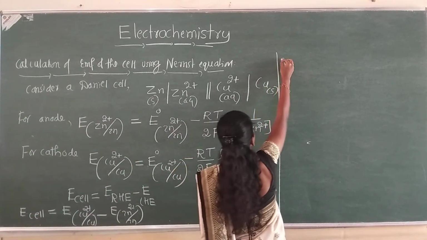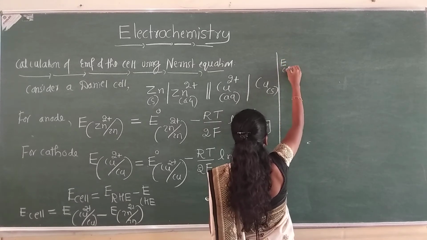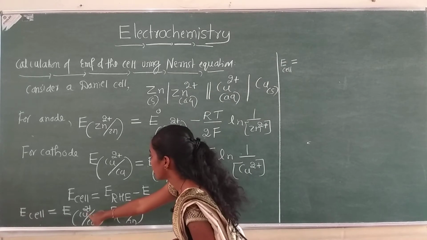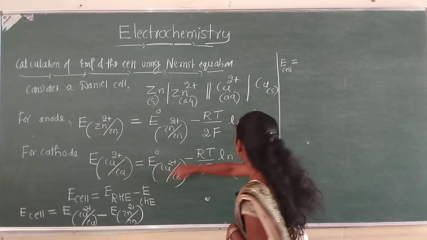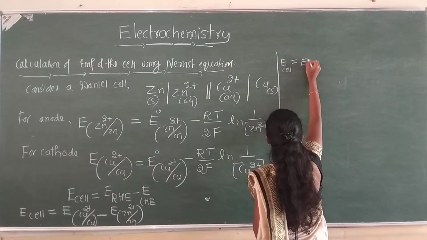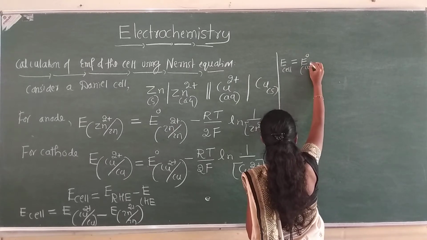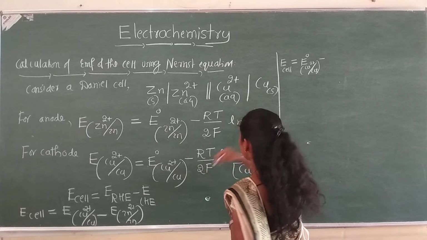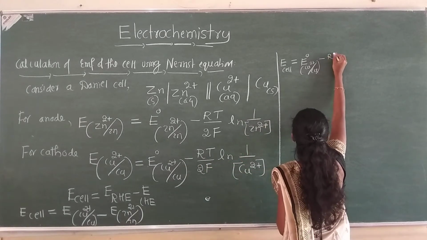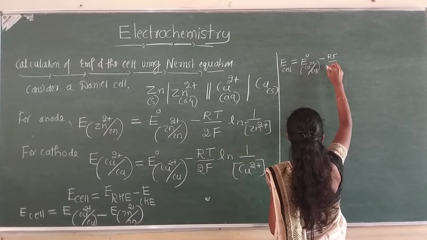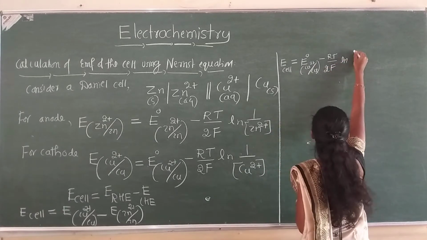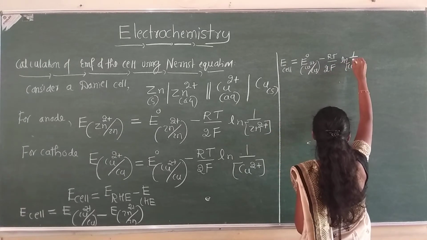Now E cell is equal to the electrode potential of the copper electrode, which is E naught of Cu2+ and Cu, minus RT divided by 2F ln 1 by Cu2+.